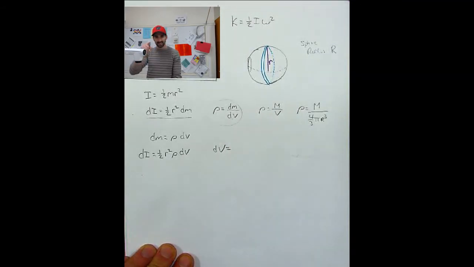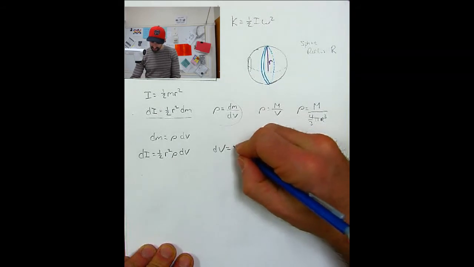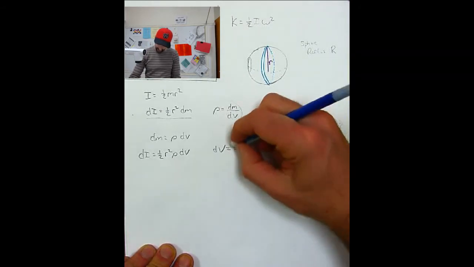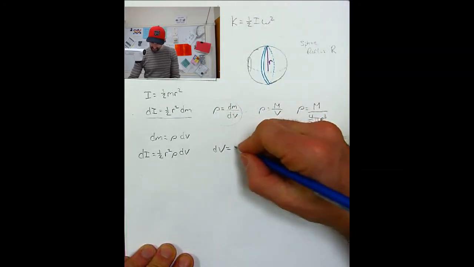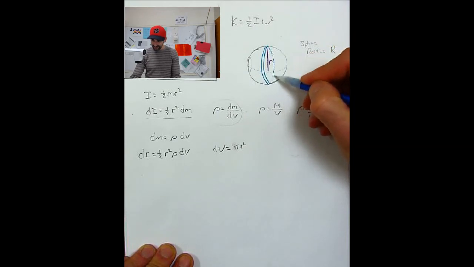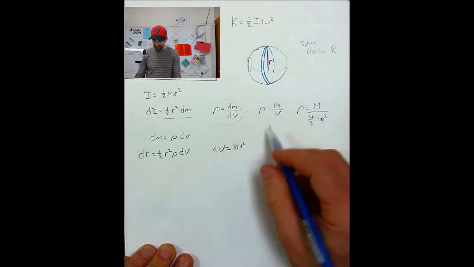That's like a circle, so pi r squared. That gets me the area times my thickness, right?